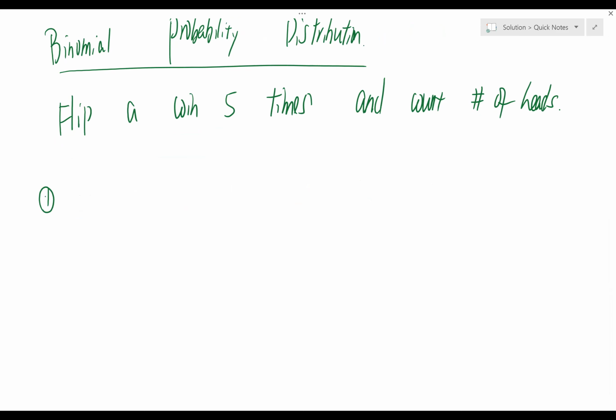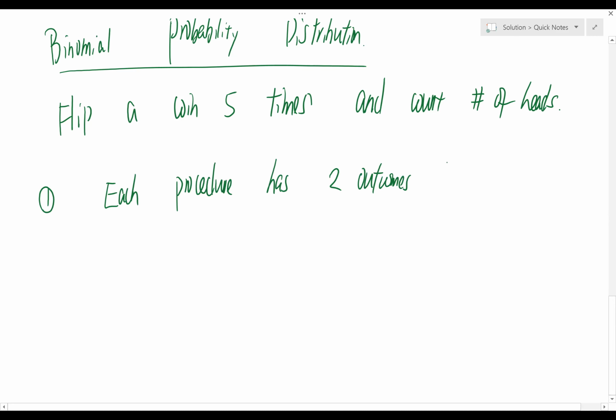So if you look at flipping a coin 1 time as a procedure, then each procedure has 2 specific outcomes, or outcomes in 2 categories. In this case, you either get a head or tail.